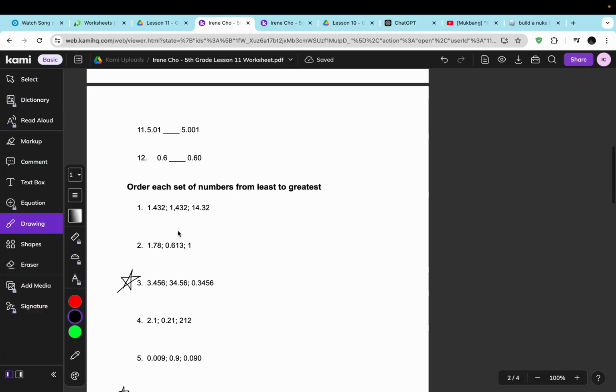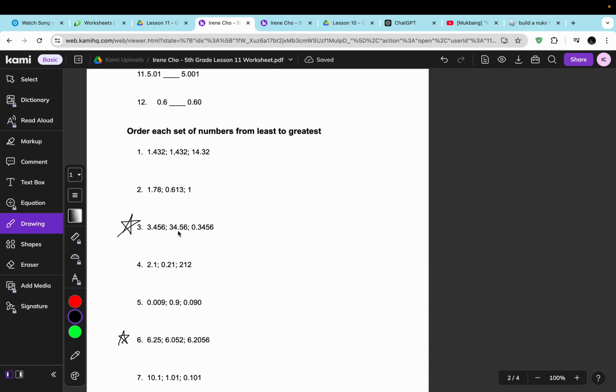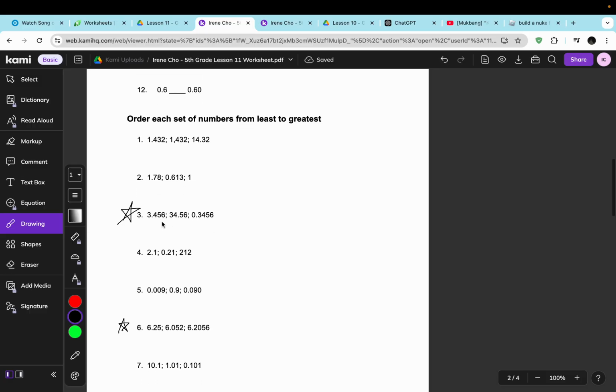So moving on, it says order each set of numbers from least to greatest. So same thing as the one above, we have to look at where the decimal point is located and look at the number before the decimal point and see what number is the greatest.